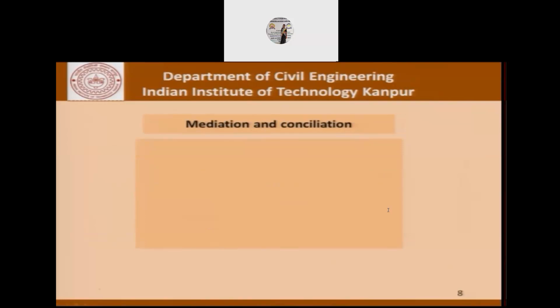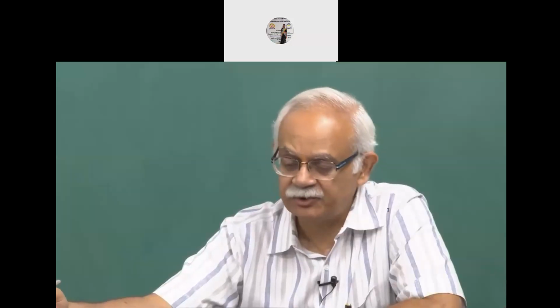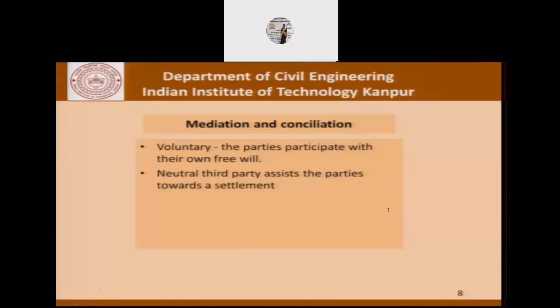And further on this mediation and conciliation, the parties, the stakeholders, take part in this process. So participation in the mediation process is purely voluntary. Neutral third parties guide the parties towards the settlement.